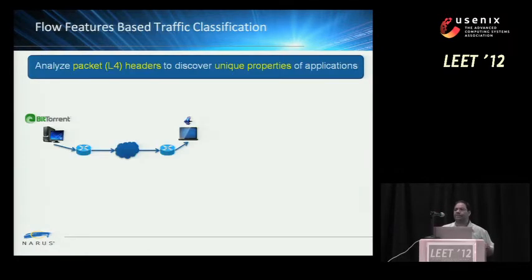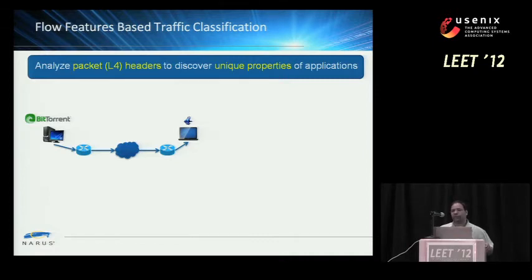The failure of port-based traffic classification schemes sparked a lot of interest in the research community in flow features-based traffic classification. These data mining-based techniques analyze L4 headers to identify unique properties that can be used to identify applications.